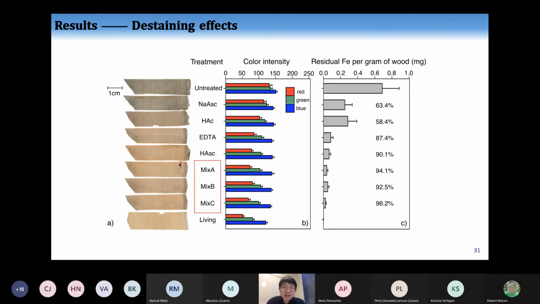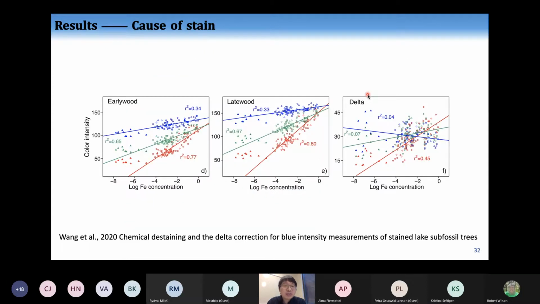We could see that the lighter samples in general have lower iron concentrations compared to the darker ones. Then I tried to regress the color intensity against iron concentration data, and I found very strong linearities for RGB color intensities in both earlywood and latewood. So these results suggest that the oxidation of iron is a major cause of the staining issue.